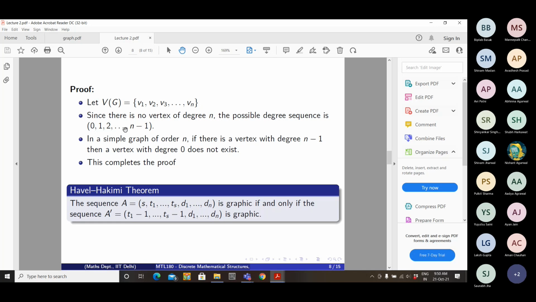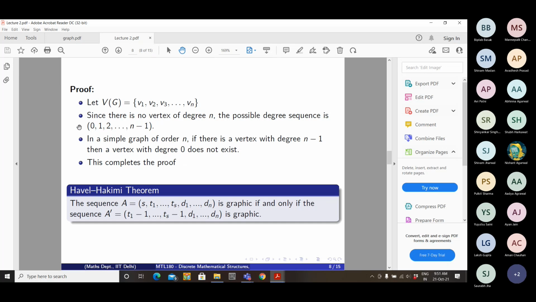Now again, if there is a vertex of degree n minus 1, then this vertex must be adjacent to all the remaining n minus 1 vertices. So we cannot have a vertex without an incident edge, meaning we cannot have an isolated vertex, because all the vertices should be adjacent to the vertex of degree n minus 1, and therefore a vertex with degree 0 is not possible.